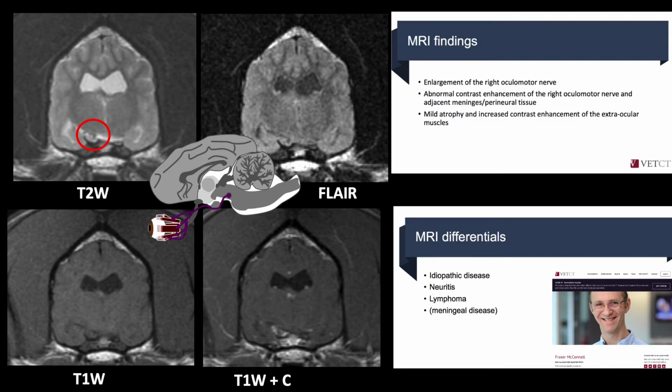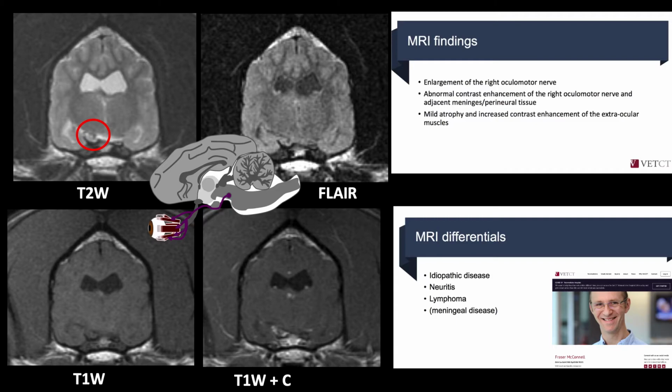The MRI findings describe enlargement of the right oculomotor nerve, where there is abnormal contrast enhancement on the right oculomotor nerve with the adjacent meninges and perineural tissue, and there was also mild atrophy and increased contrast enhancement on the extraocular muscles, mainly on the medial rectus.